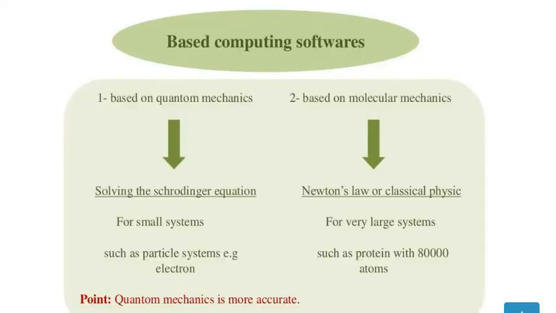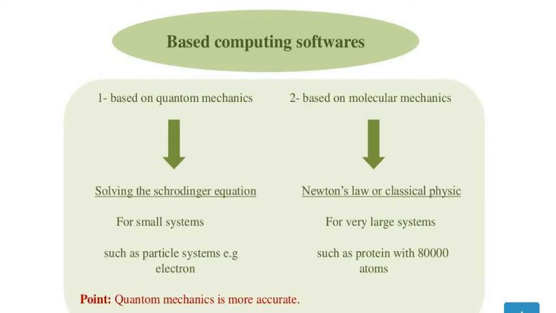Anyhow, computing software is based first on quantum mechanics, second on molecular mechanics. What does it mean? Quantum mechanics solves the Schrödinger equations, and molecular mechanics uses Newton's laws or classical physics.